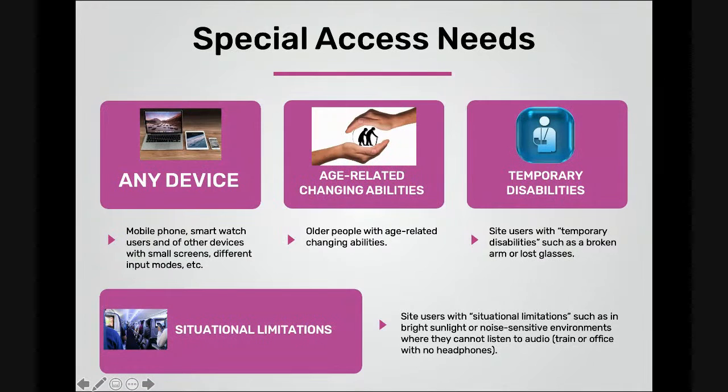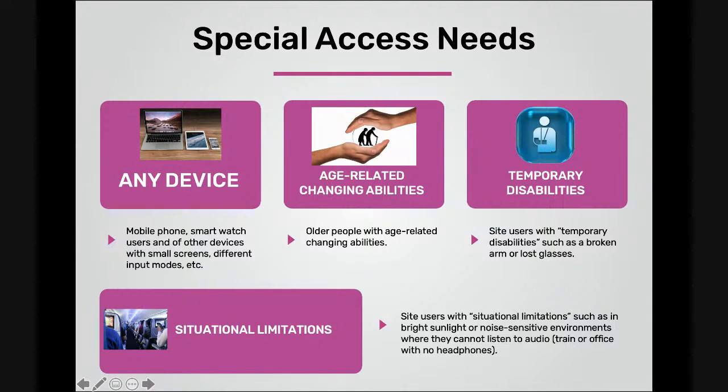Age-related changing abilities is a big thing to think about, because we have a growing aging population. So people that have age-related impairments like low vision or arthritis cannot access websites that are not optimized for them.